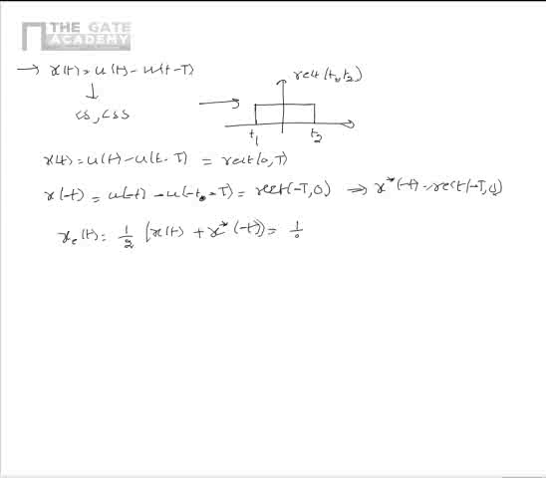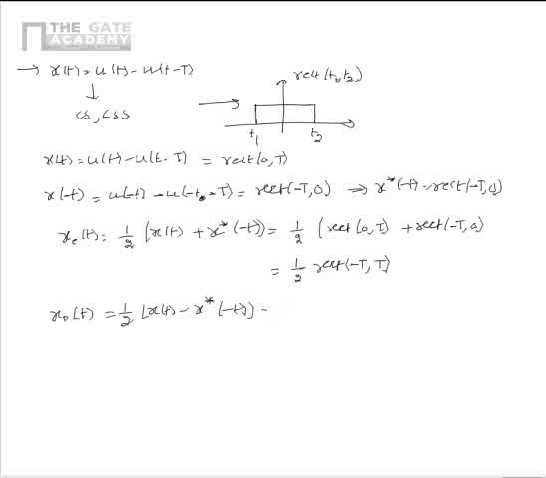This is equal to half multiplied by rect of 0 comma capital T plus rect of minus capital T comma 0. This will be equal to half multiplied by rect of minus capital T comma capital T. Similarly, the odd component of the signal, or conjugate skew symmetric part of the real signal given, becomes half multiplied by x of t minus x star of minus t.